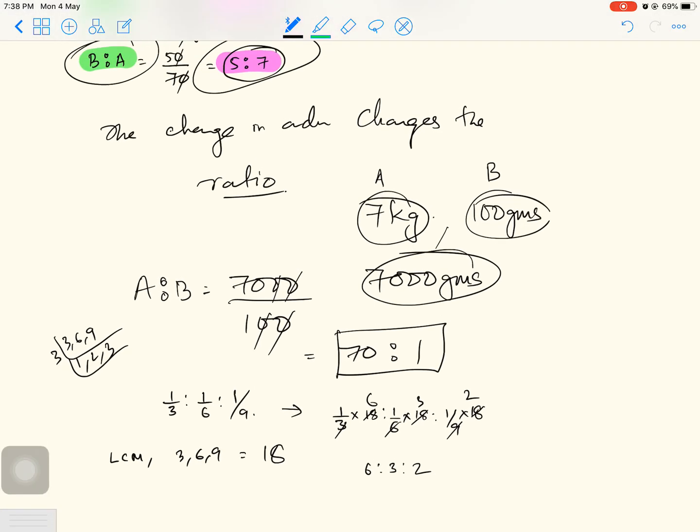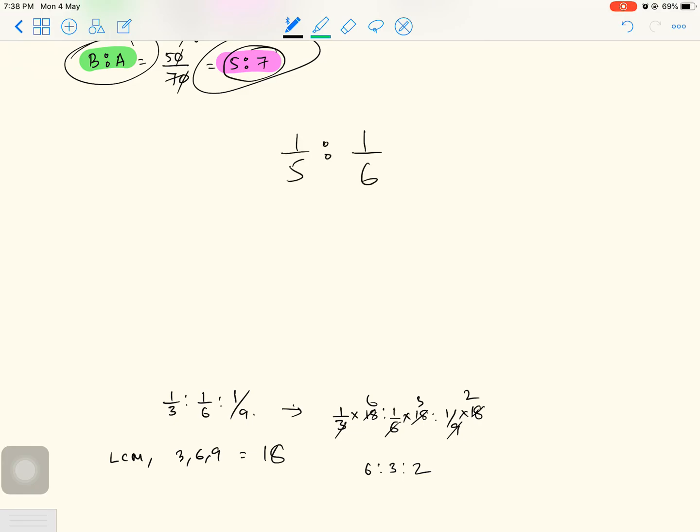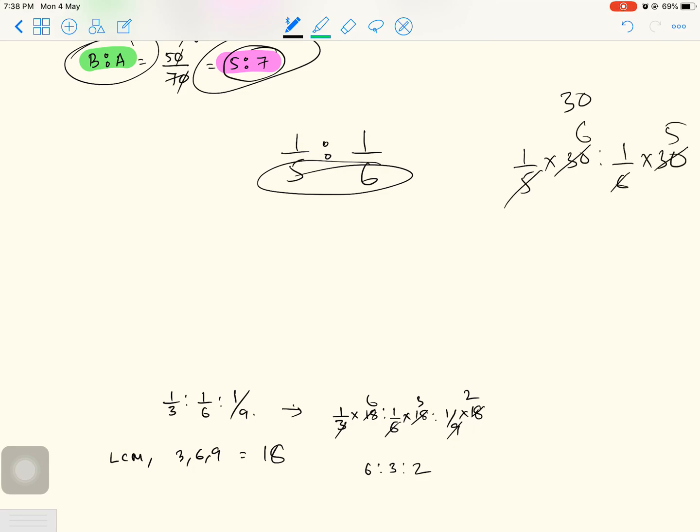But what if you have, let's say, 1/5 is to 1/6, only two terms? How do you simplify this? You may say take LCM of 5 and 6. LCM of 5 and 6 is 30. So 1/5 into 30 is to 1/6 into 30. That would give me 6 and 5. That's 6:5. But did you notice it is simply crisscross?